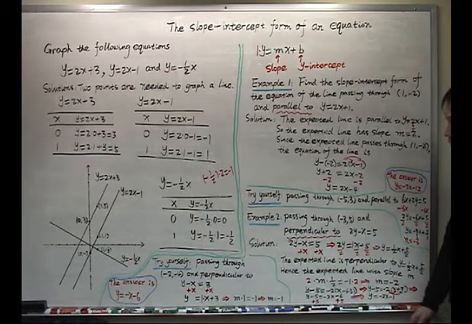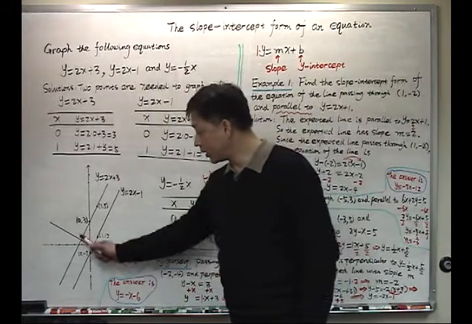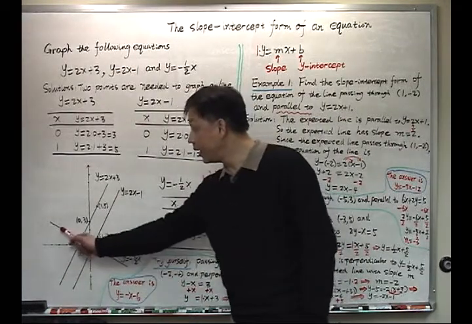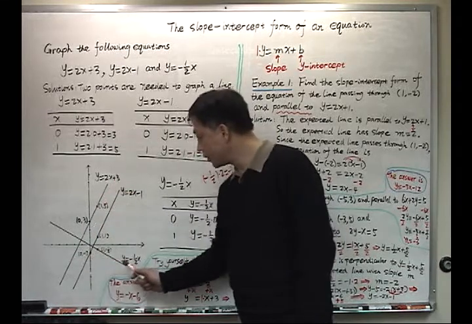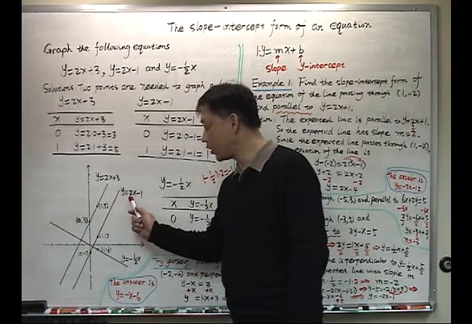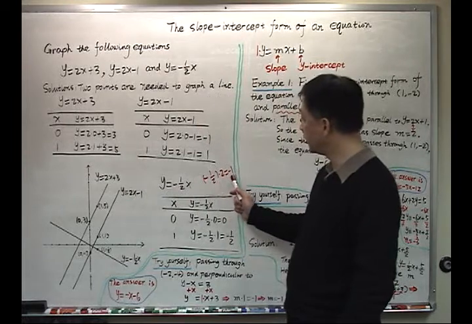That's the relationship. Previously, you can see here is a line and here is another line. This line is perpendicular to this one, so you have a negative 1/2 slope times the slope 2. Negative 1/2 times 2 is negative 1.